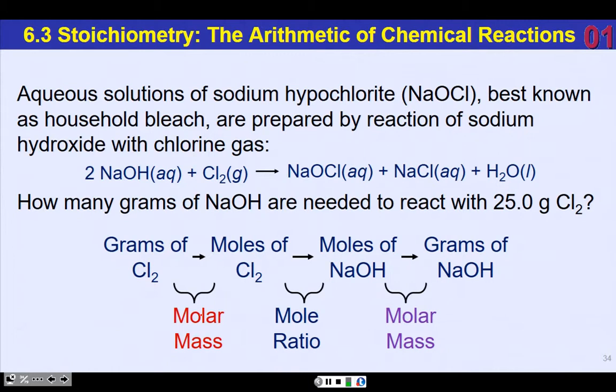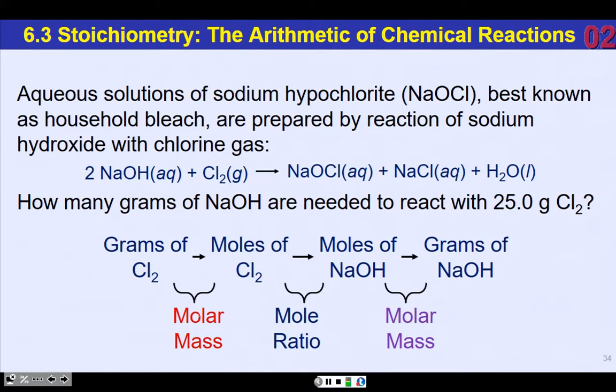All right, an aqueous solution of sodium hypochlorite, aka bleach, is prepared by reacting sodium hydroxide with chlorine gas according to the reaction that's shown here. And what we have to determine in this particular question is how many grams of sodium hydroxide are needed to react with some amount of chlorine.